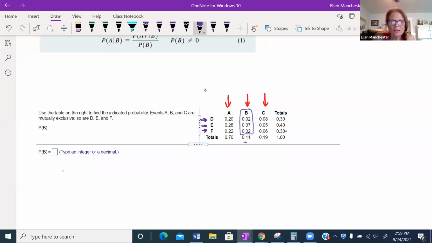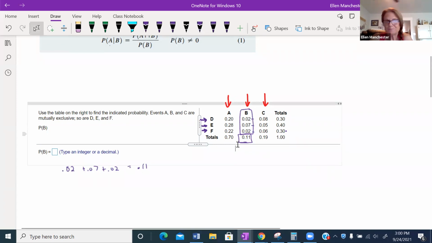If you don't trust it, you go 0.02 plus 0.07 plus 0.02, and I'm getting these right from here, and when you add them up, 7 and 2 is 9, plus 2 more is 11, so 0.11. So that right here is the probability that B is going to happen. It's mutually exclusive, so you just add the probabilities up. In this chart, it's already done for you.